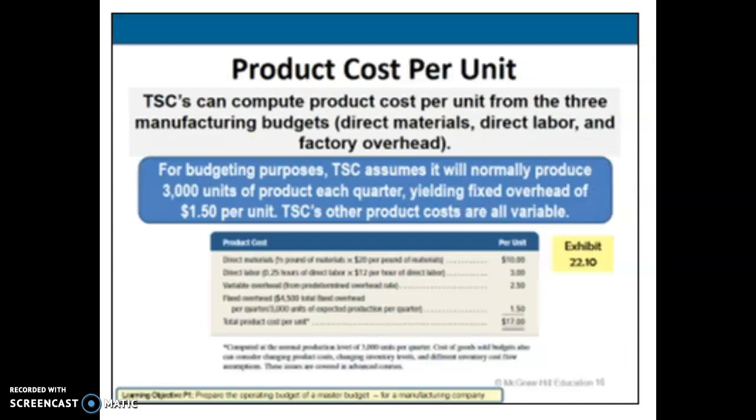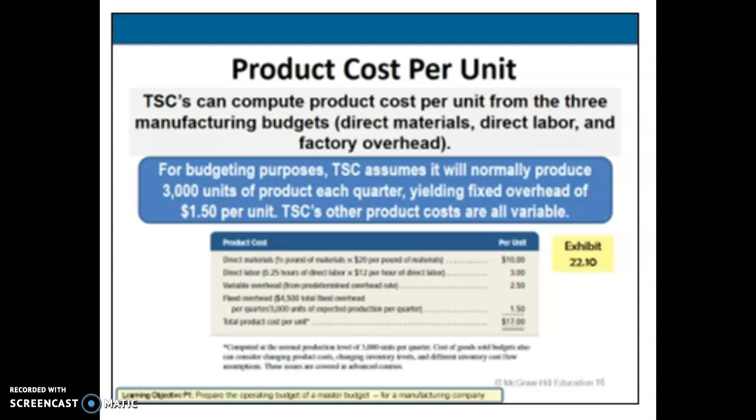All right, next we want to look at the production cost per unit. For Toronto Sticks Company, we can compute the product cost per unit from the three manufacturing budgets: the direct materials budget, direct labor budget, and the factory overhead budget.